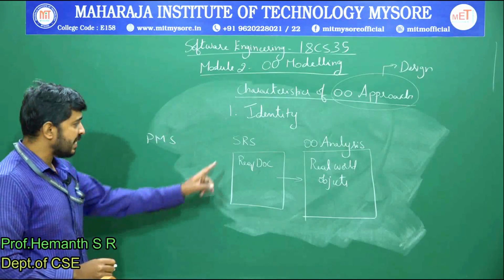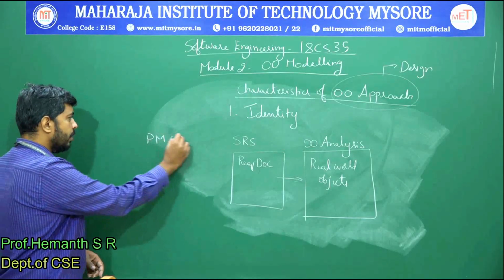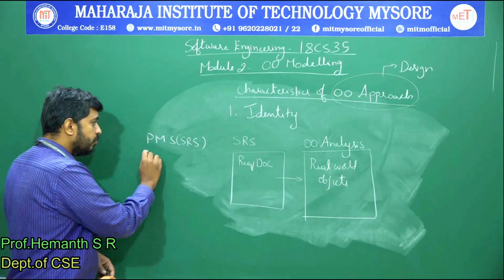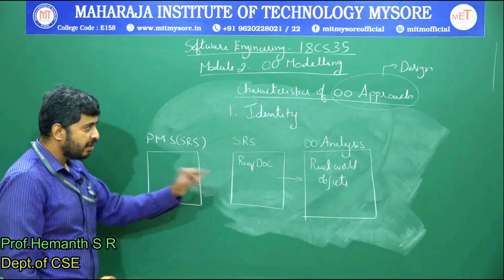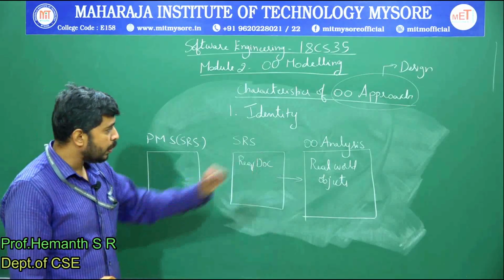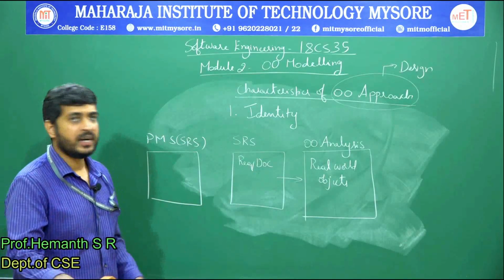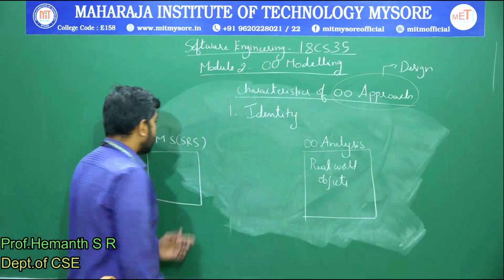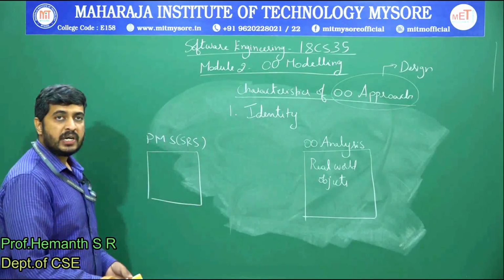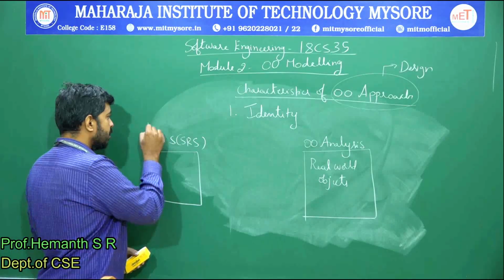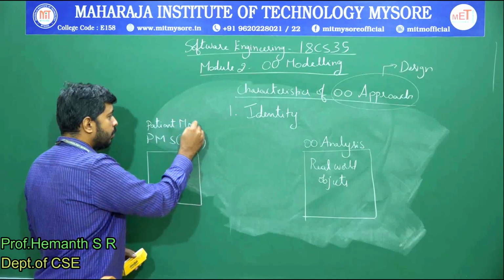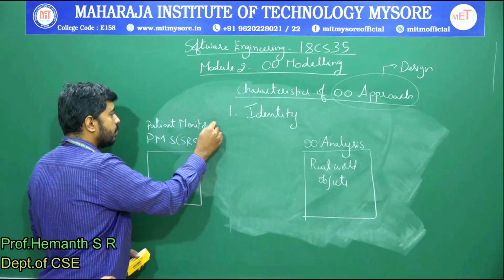If you consider the SRS of a PMS and try to identify the real world objects through OO analysis, what will you identify? This was briefed in the previous session.